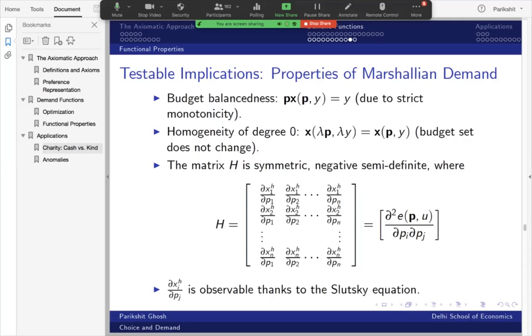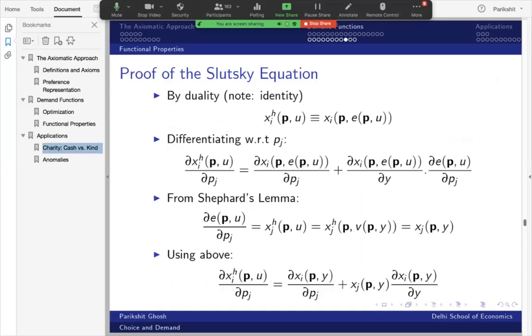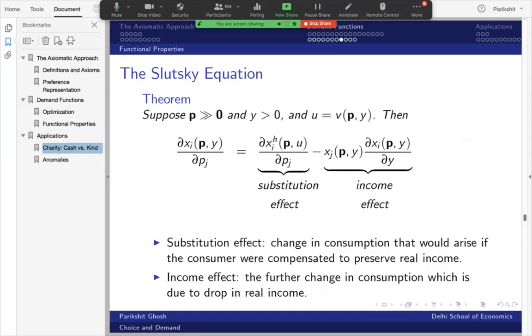Now, the Hicksian demand functions themselves are not observable, but they can be linked to slopes of the Marshallian demand function through the Slutsky equation, right? So although the Hicksian demand functions are not directly observable or measurable, once we replace this slope by the relevant expression involving Marshallian demand function slopes, then it becomes observable.